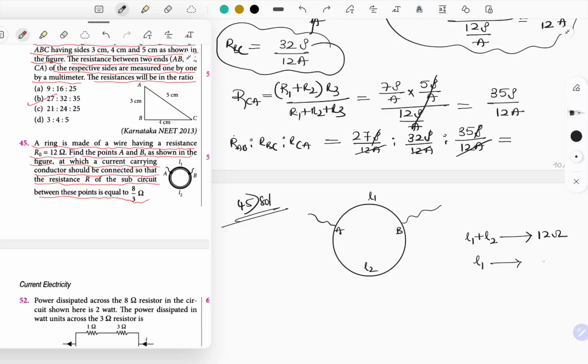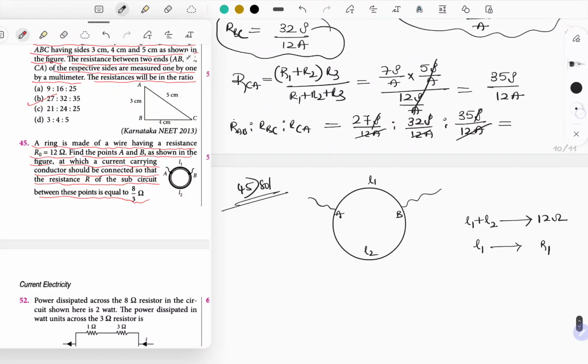Let me treat this as R1. It's a trick. In previous videos I have given this trick on how to find out if I have a proportionality. R1 is equal to L1 divided by L1 plus L2, into 12 ohm.